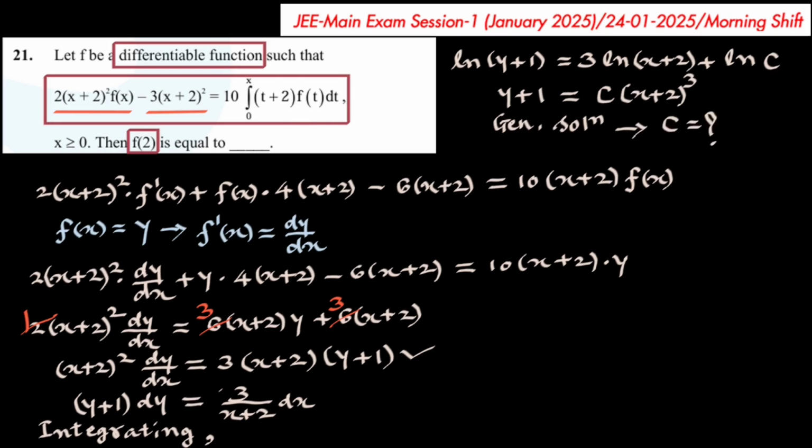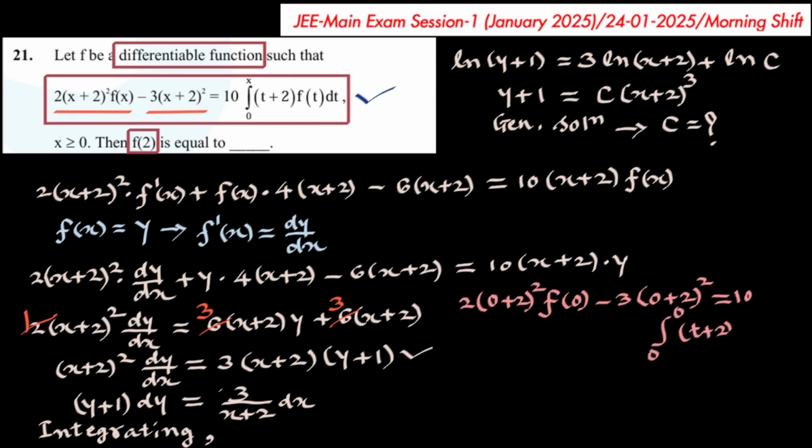For this, we will put x equals 0 in the original expression. So this will be equals 10 times integral from 0 to 0 of t plus 2 f of t dt. Integral from 0 to 0 is 0, so this will be 10 into 0, 0. This will be 8 f of 0 equals 12.